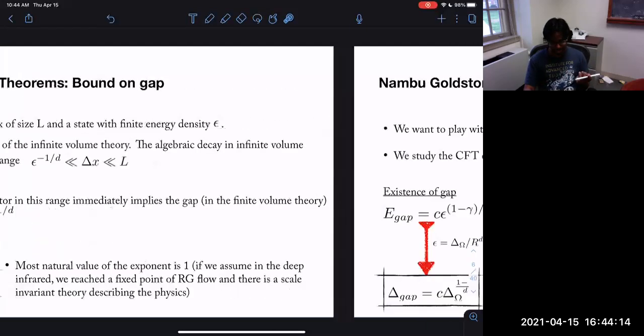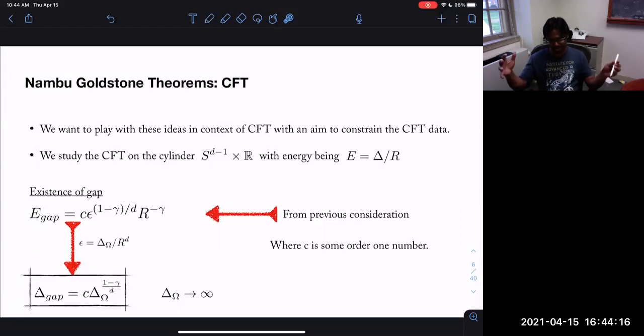Of course, you can put the CFT on a cylinder, which is R times S^(d-1). In a CFT, we know there is a spectrum of primaries and descendants, characterized by the scaling dimension delta and some spin J. By radial quantization, the energy is related to delta over R. You can run exactly the same argument that I told you, and that immediately tells you that the energy gap of the CFT, if you put it on a finite volume, has to scale like epsilon to the power (1 minus gamma) over d times R to the power minus gamma.